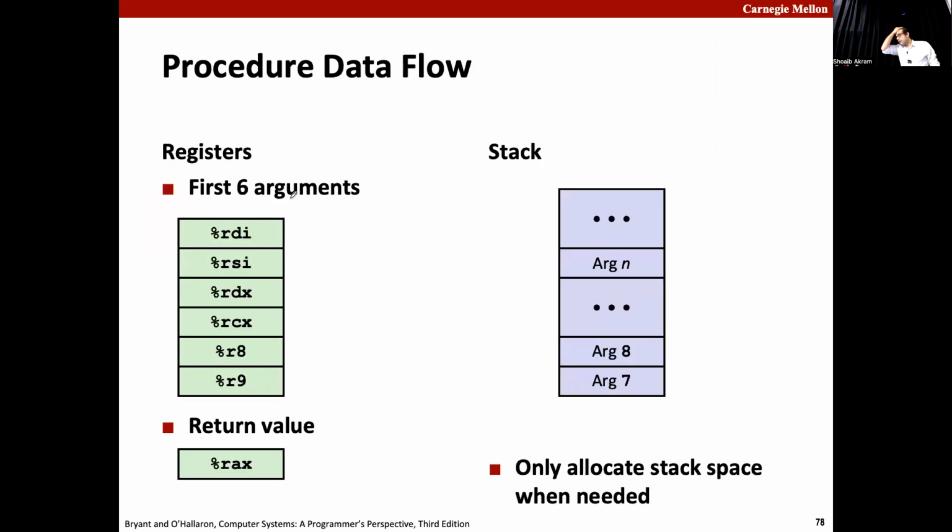So in x86, how do you pass arguments to functions? The first 6 arguments are passed in these registers: RDI, RSI, RDX, RCX, R8, R9. This is a convention.